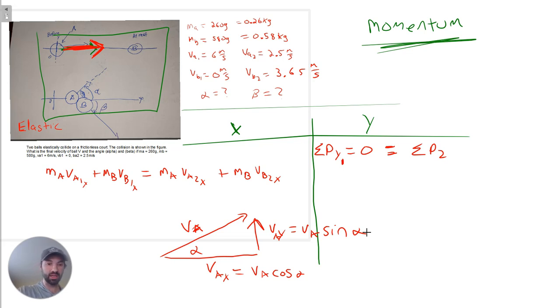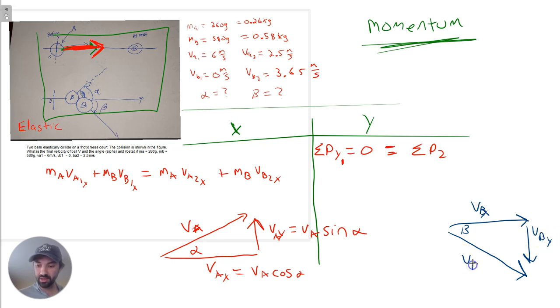So for mass B, I'll draw it out and then I'll erase it and we'll go back. But for mass B, that's going off in this direction with beta. This is VBX, this is VBY, this is VB2, and this is simply VB2 cosine of beta.